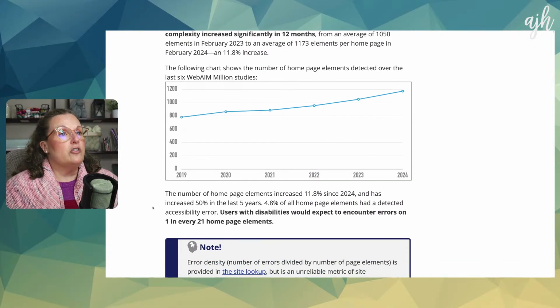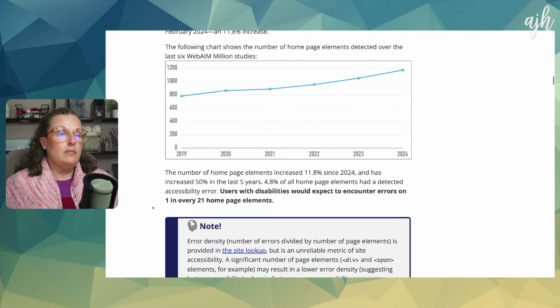The following chart shows the number of home page elements detected over the last 6 WebAIM Million studies. So clearly this is trending up.